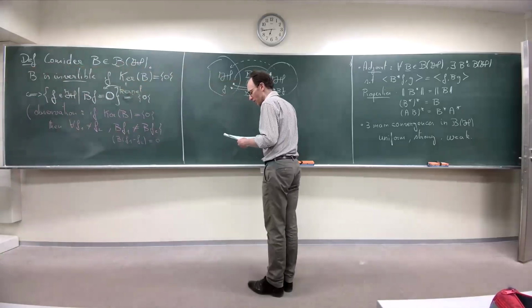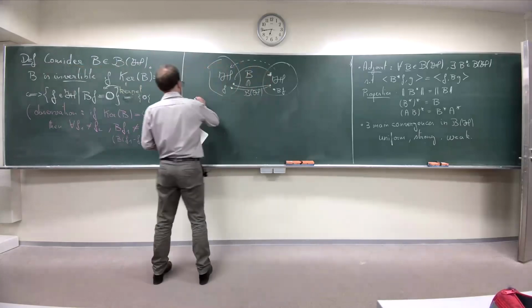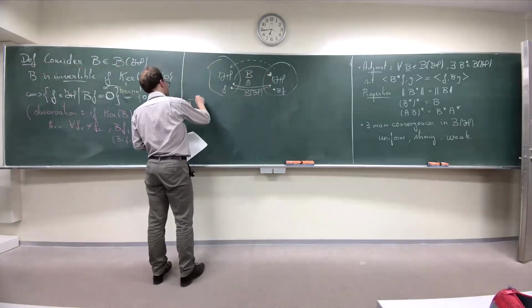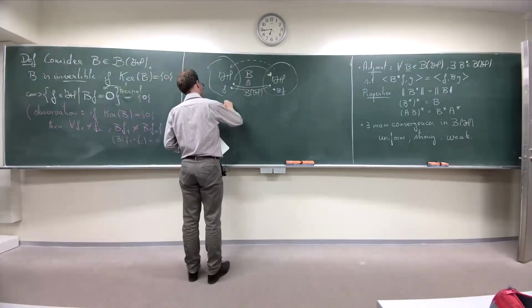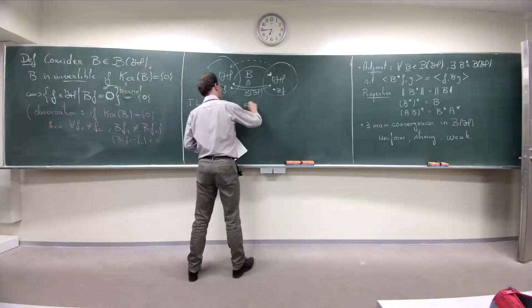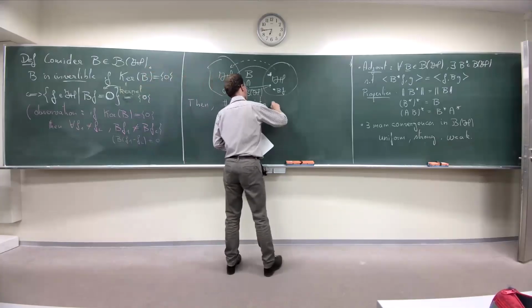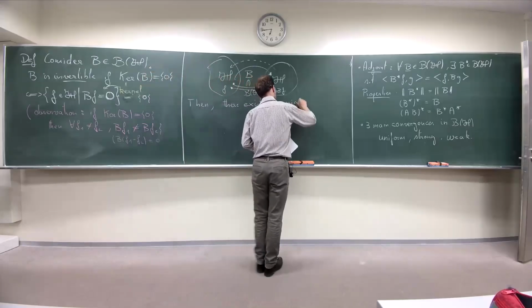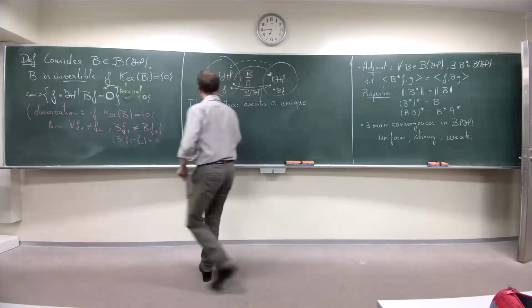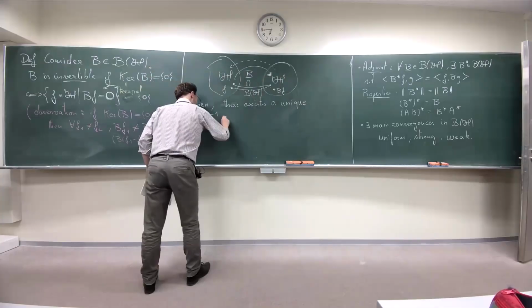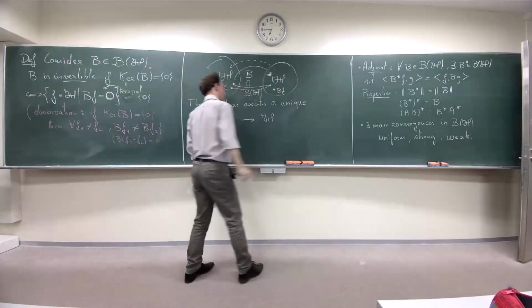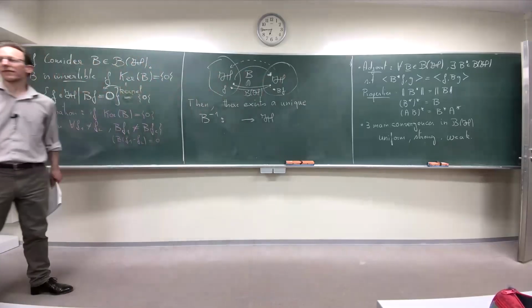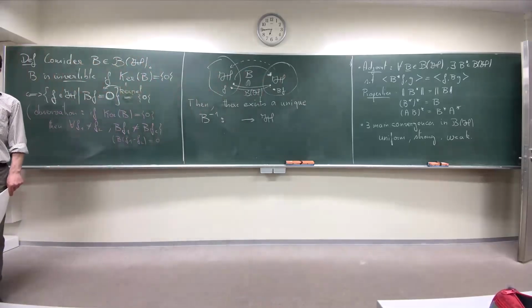So still in the definition, if B is invertible, then there exists a unique B inverse. Where is this inverse defined?